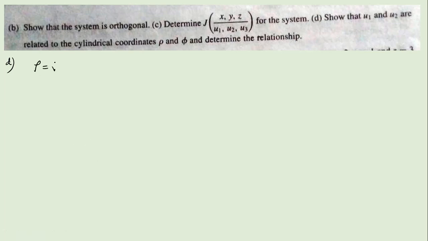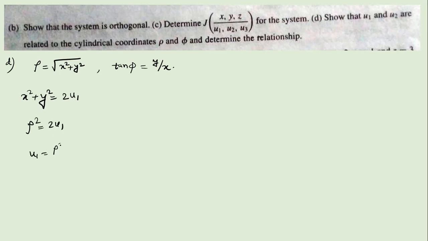You know, in the cylindrical coordinate system, rho square is x square plus y square, and tan phi is y by x, right? Now from the previous equation, x square plus y square is nothing but 2u1, so rho square equals 2u1, so u1 is rho square by 2. This is the relation between u1 and rho.